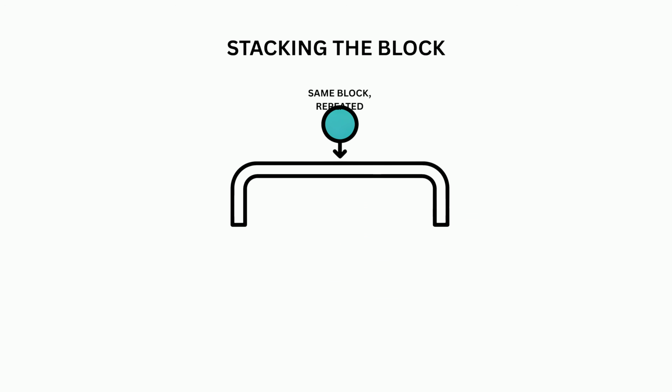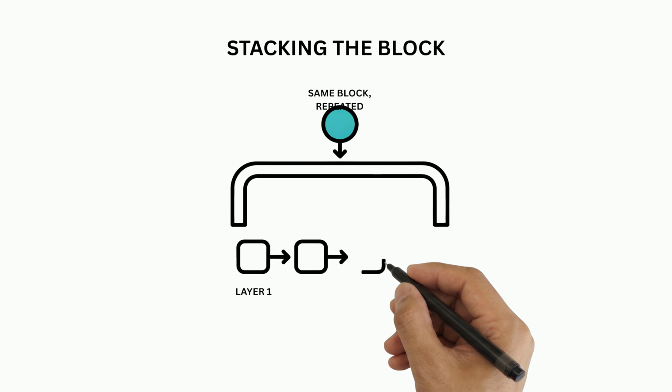Self-attention, multi-head splitting, feed-forward, residuals, and normalization together make up one transformer block. And just like the deep networks we covered earlier in this series, a real transformer doesn't use just one block. It stacks many identical blocks on top of each other, sometimes dozens.